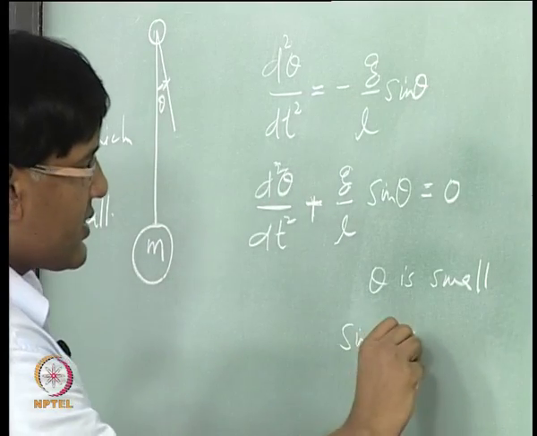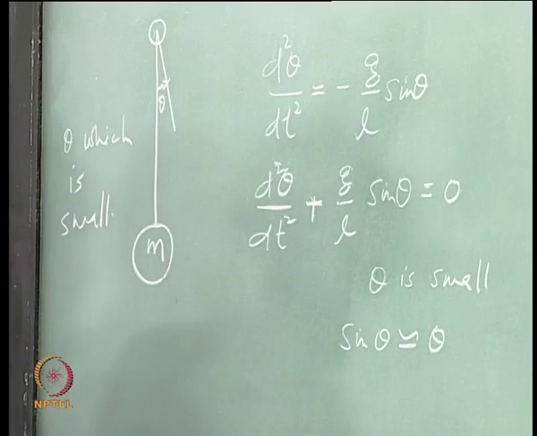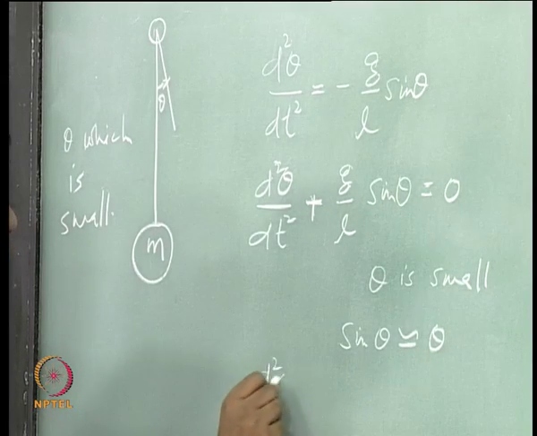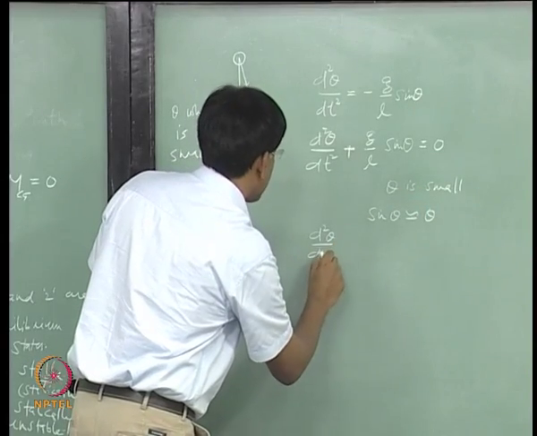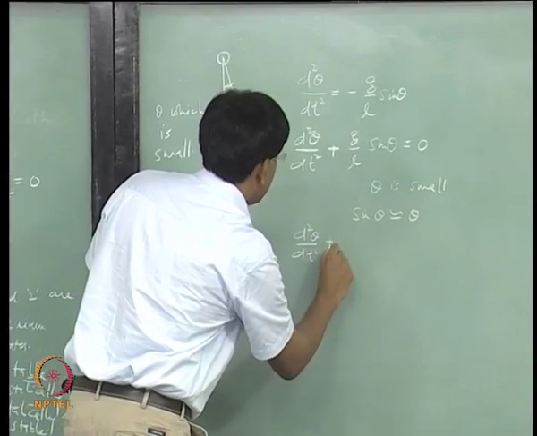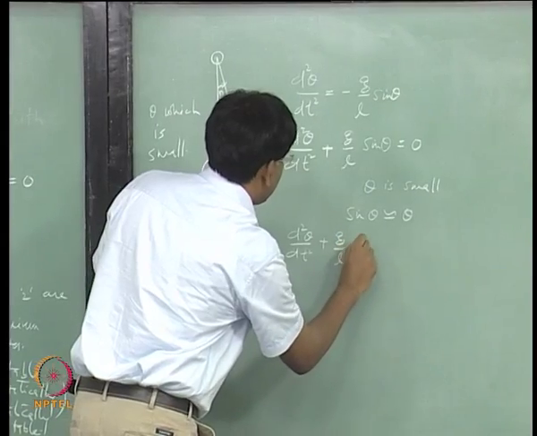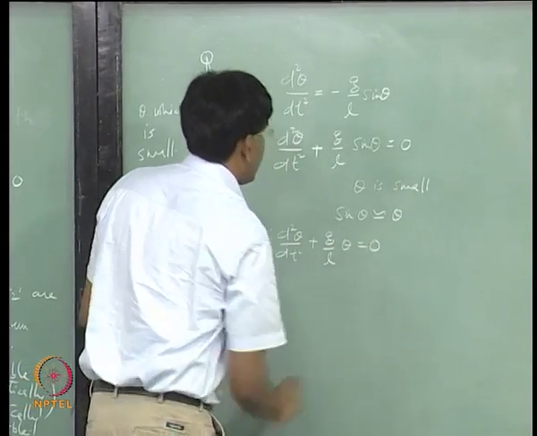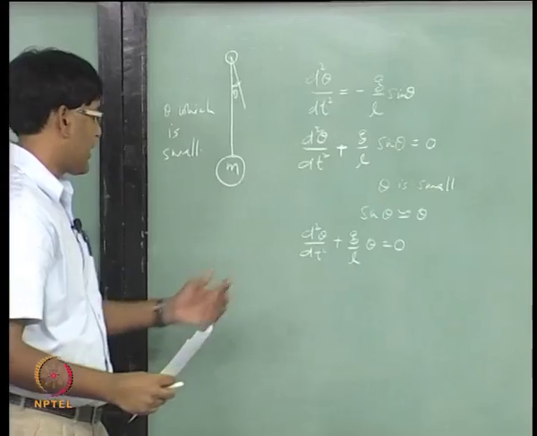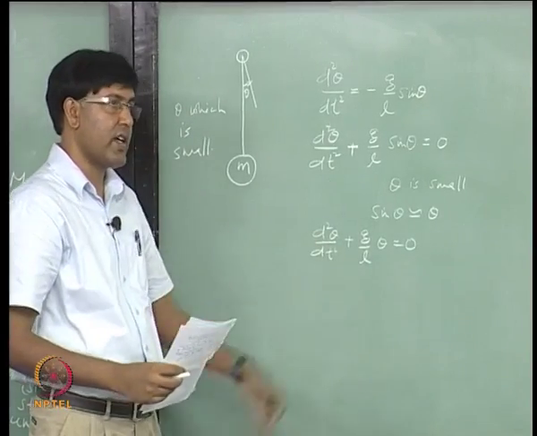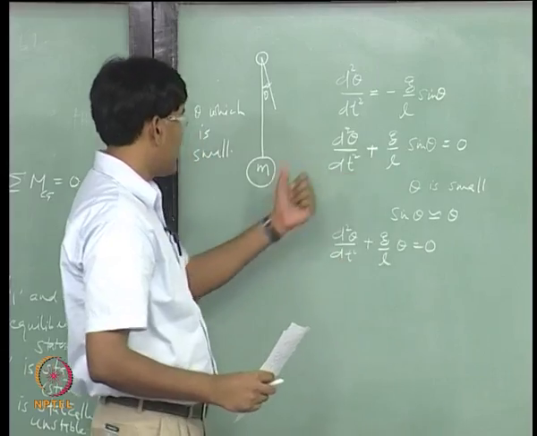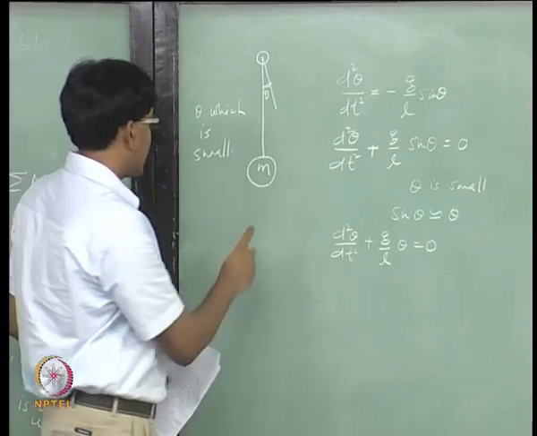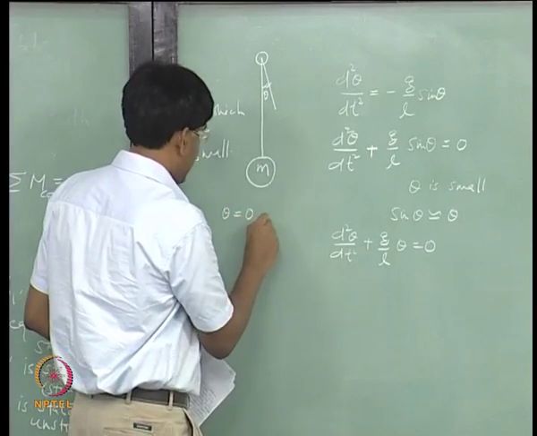So, sin theta is theta, and when theta is small we can make this approximation. The equation simplifies to this linear equation, and this simplification has been done around the theta equal to 0 equilibrium state.